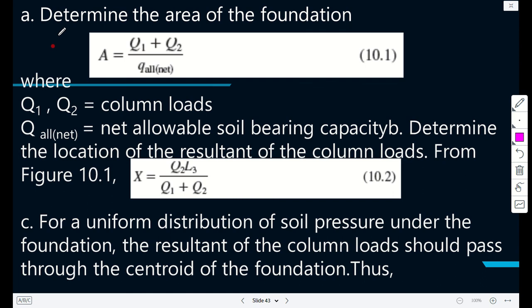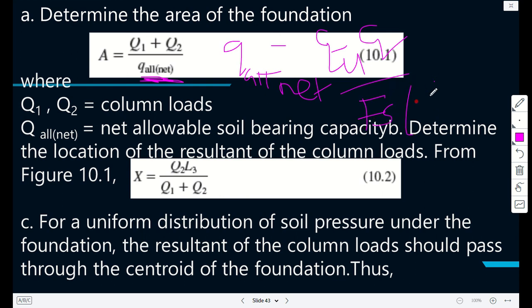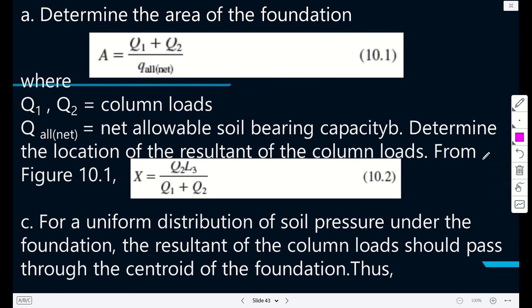As already said, the area would be q1 plus q2 over the net allowable q. The net allowable q is normally q ultimate minus q over the factor of safety. We already know the factor of safety should generally be between 3 and 6. Here q1 and q2 are column loads, and the net allowable is from the soil bearing capacity.